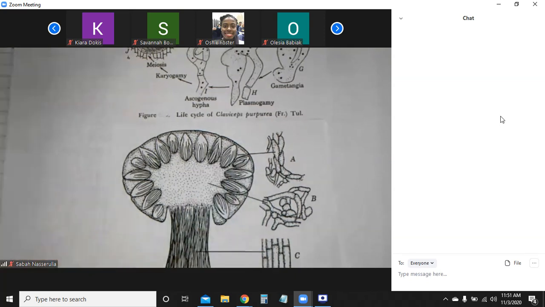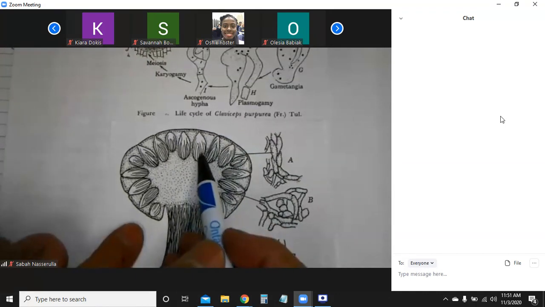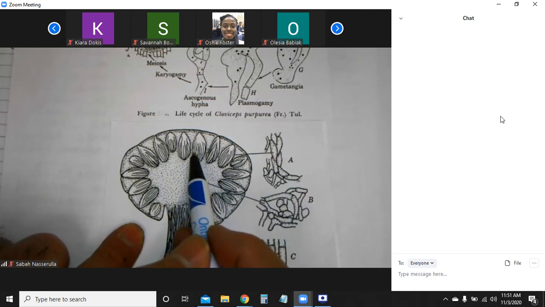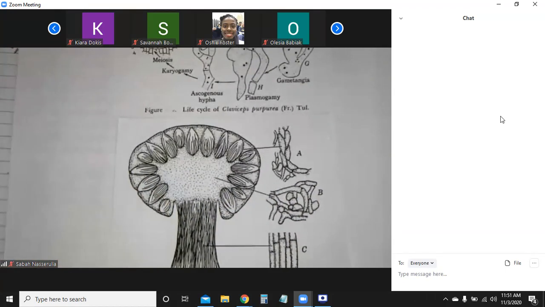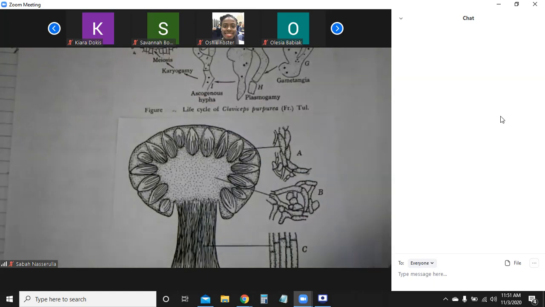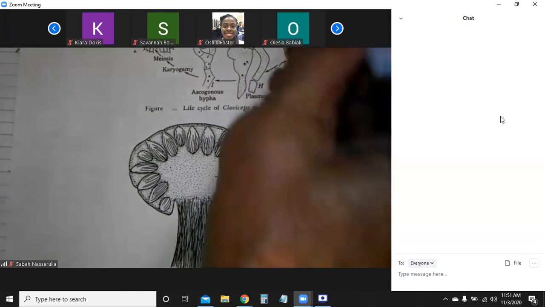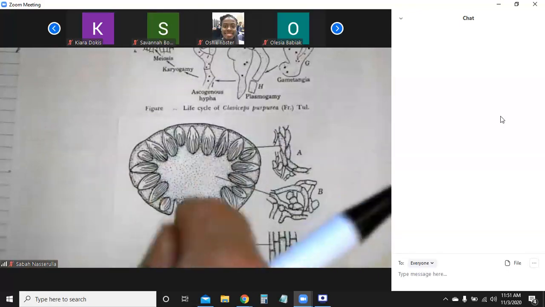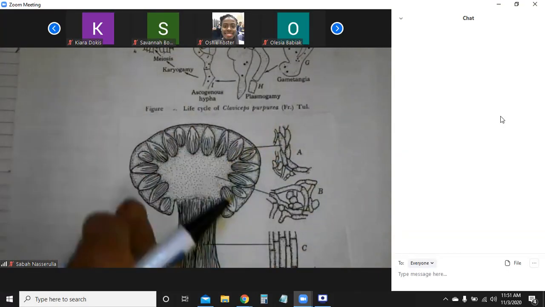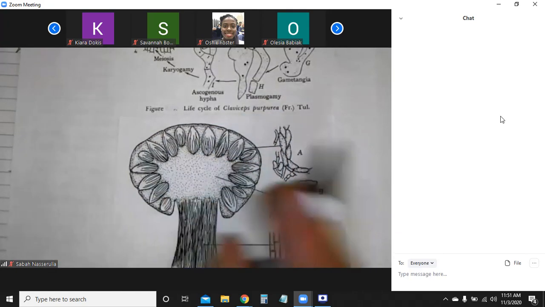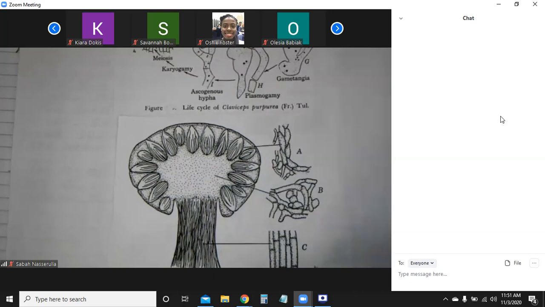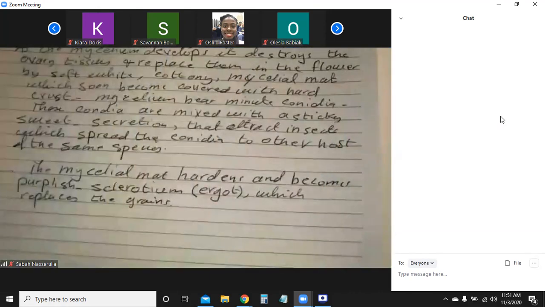I don't know if in the lab they showed you a slide or a picture like this one, and you can see these filiform structures here, which are the ascospores. I'm not describing the whole life cycle, but at least describing when the sclerotia fall to the ground and produce that stroma structure, which looks like a mushroom, but inside we have the perithecia, and within them are the ascospores.